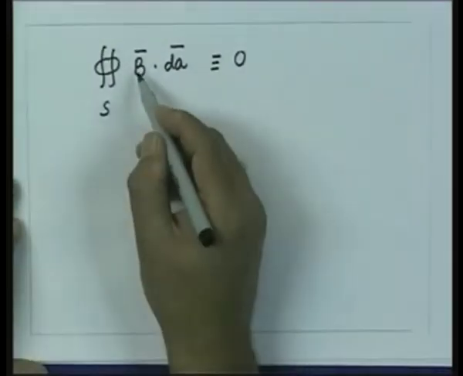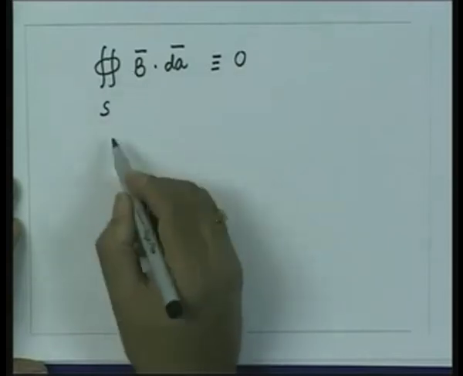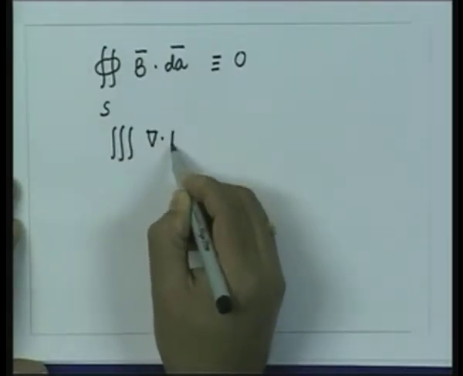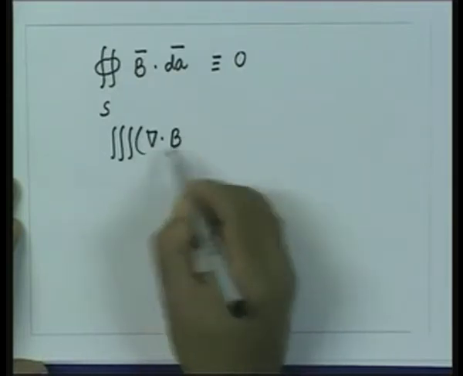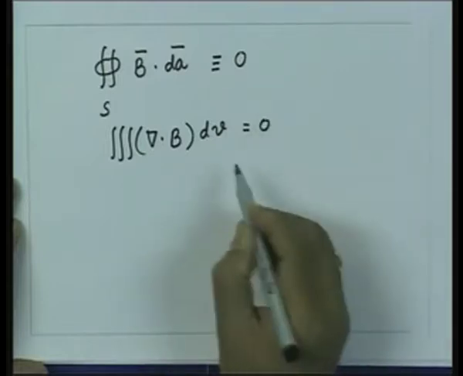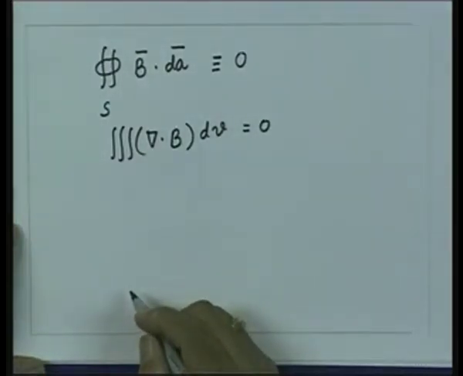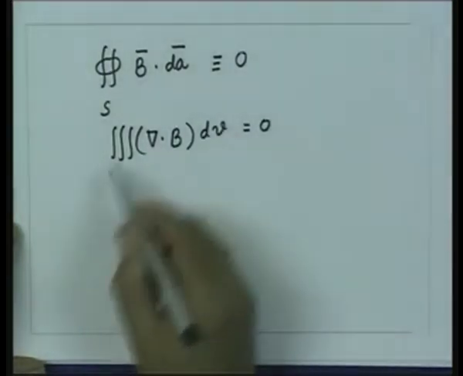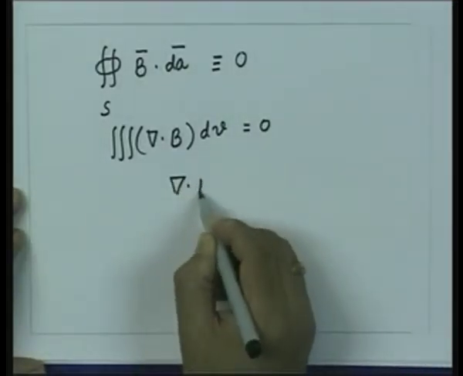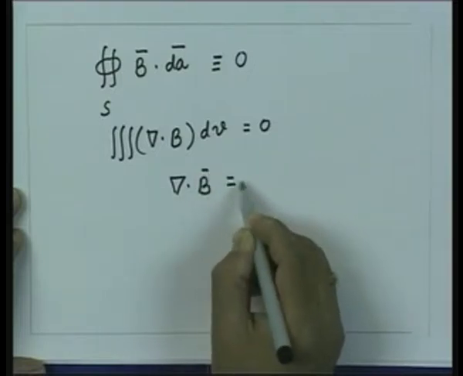Again, if I apply the divergence theorem to this, I will get the volume integral of del dot B dV equal to 0. And again, if it has to be true for any arbitrary volume, then we get del dot B is equal to 0.